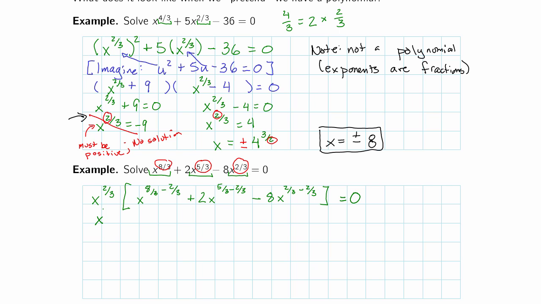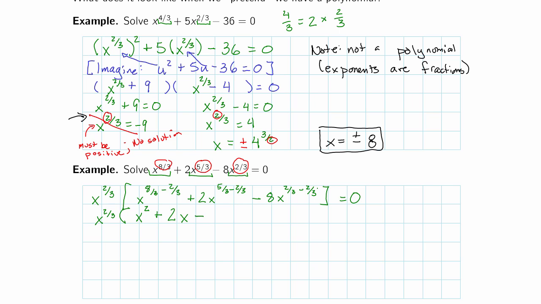So that'll be x to the 2/3 times, well, 8/3 minus 2/3 is 6/3. That's just 2, x squared. 5/3 minus 2/3, that's 3/3. That's just 1. So I've got 2x.